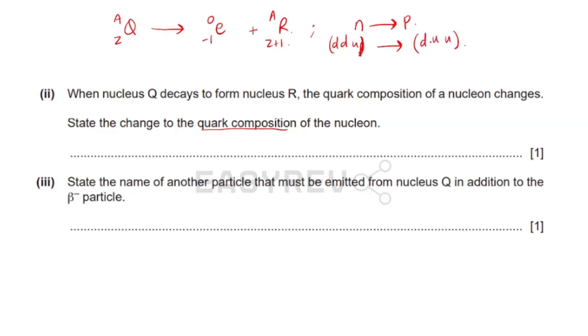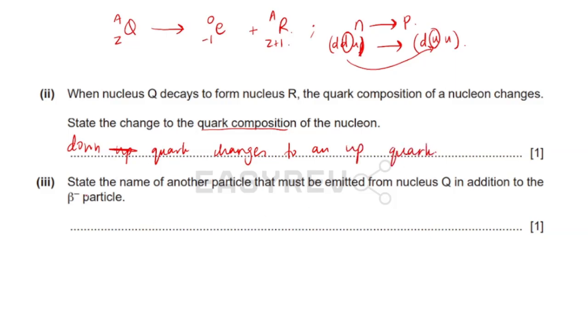So what we see here clearly is that a down quark is turning into an up quark. And so that's precisely what we'll write here: that when Q decays to form R, it's the down quark that changes to an up quark.